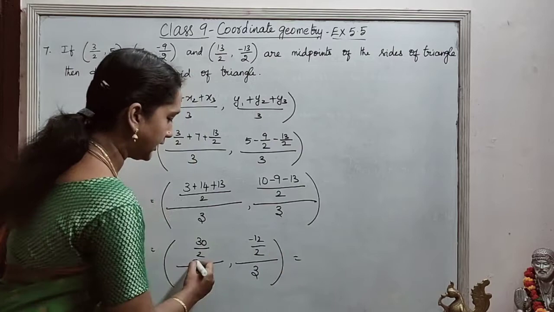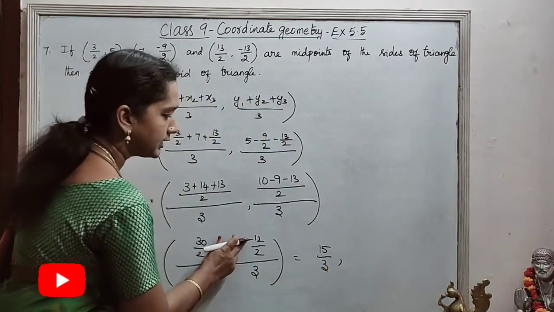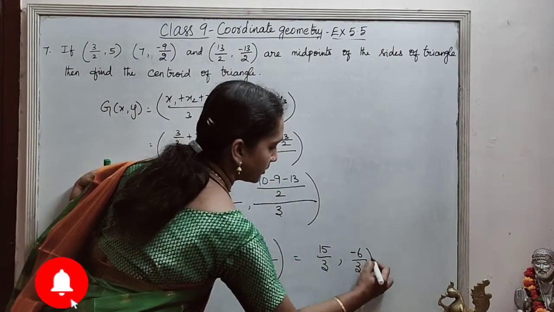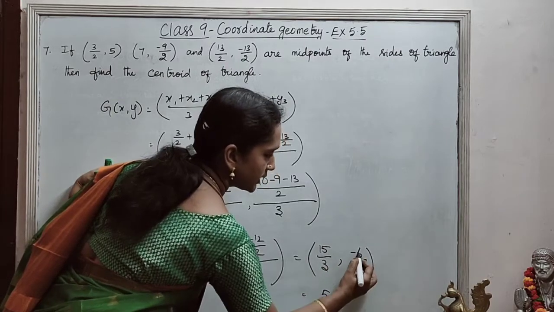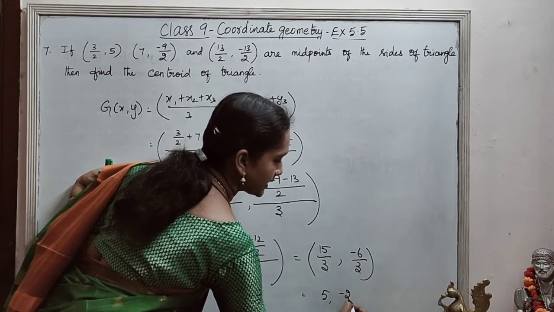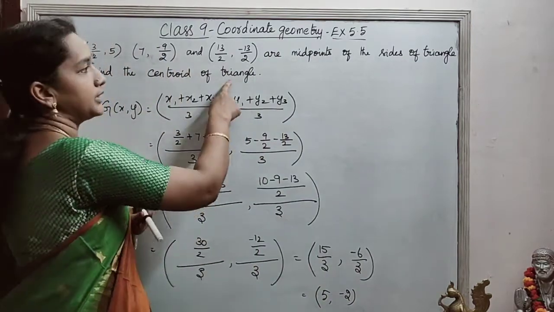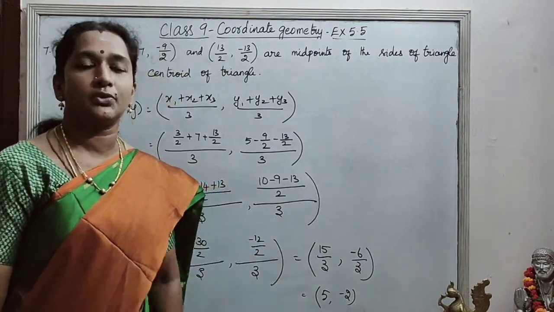Now 30 by 2 is 15, 15 by 3, comma, minus 12 by 2 is minus 6 by 3. When we simplify, 15 by 3 is 5, minus 6 by 3 is minus 2. So 5 comma minus 2 is the centroid of the triangle.